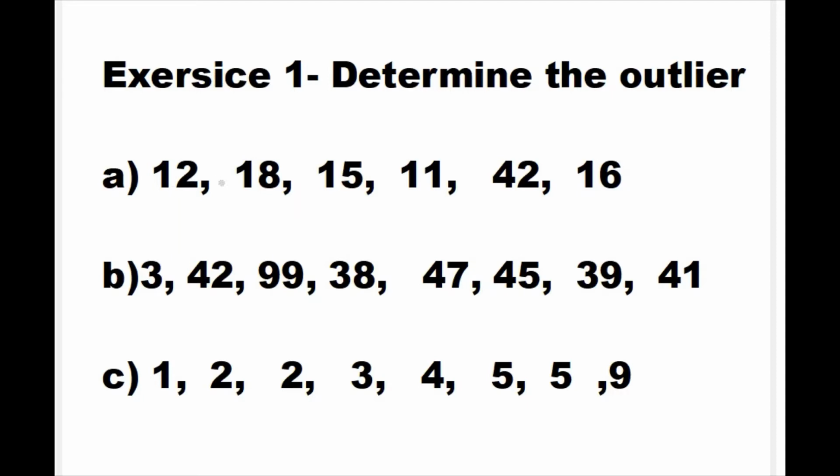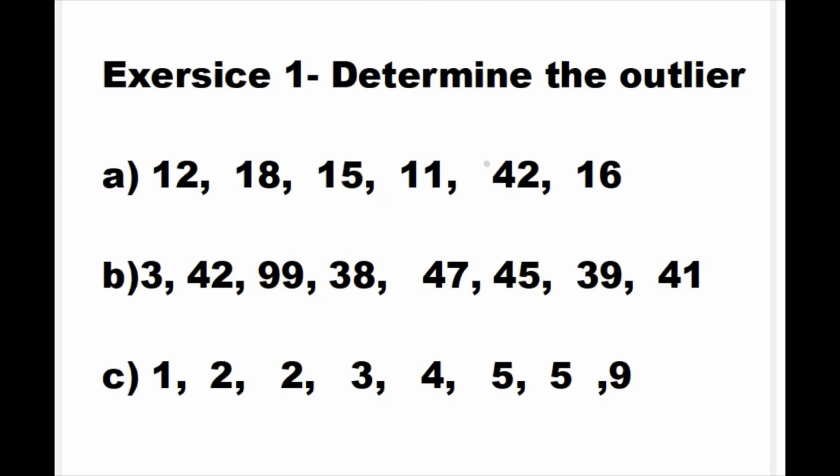We have 12, 18, 15, 11, 42, and 16. Looking at this set of data, we can see that most of our numbers are in the tens. As you can see, we have 11, 12, 15, 16, 18, and thereafter we have 42.